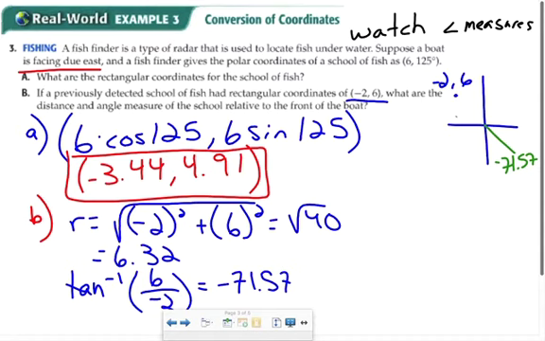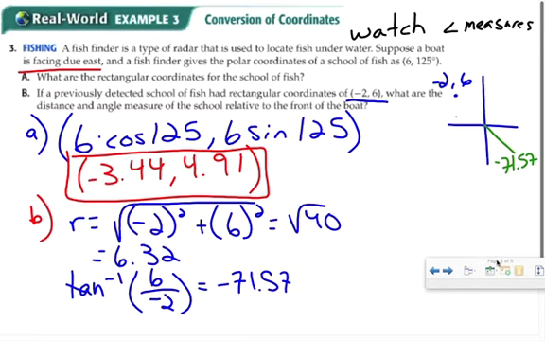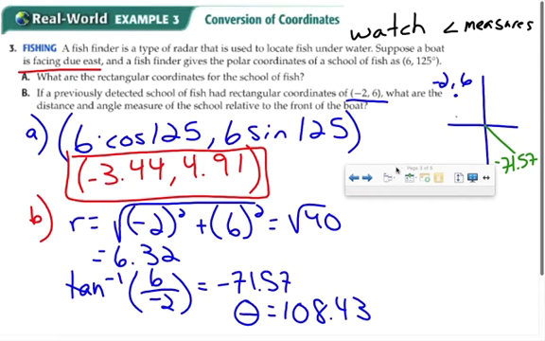So in my calculator, I'm going to add 180 to it, so that I'll be in the right place. So theta is 108.43. And my polar point, therefore, is 6.32, comma, 108.43 degrees.